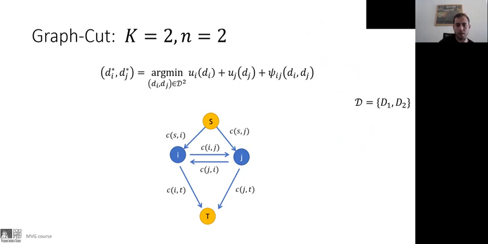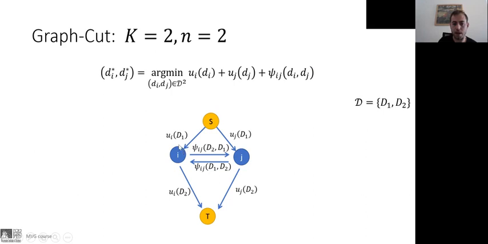Now think about a very simple case of two possible disparities and two nodes. So we have pixel I and pixel J, which are neighbors, and we want to assign disparities from D1, D2. The way to find the best solution is to define the following flow network with the following capacities.